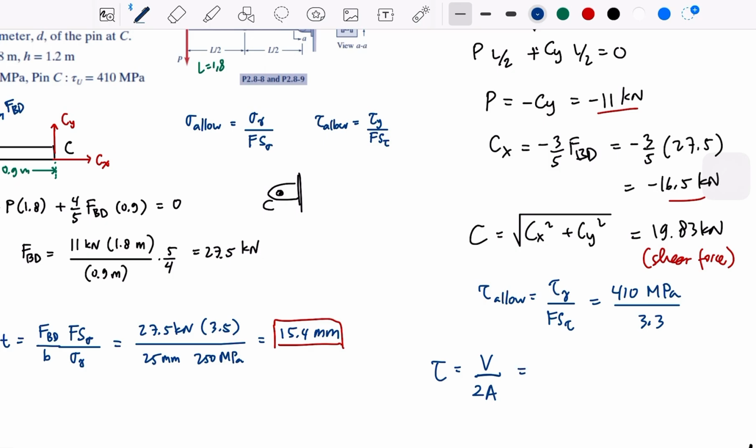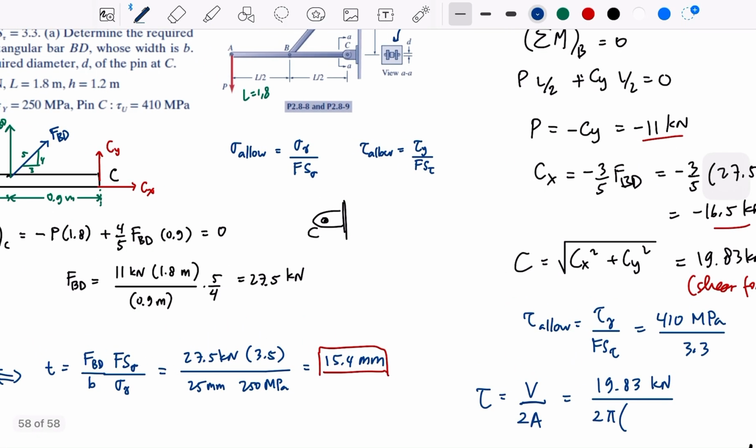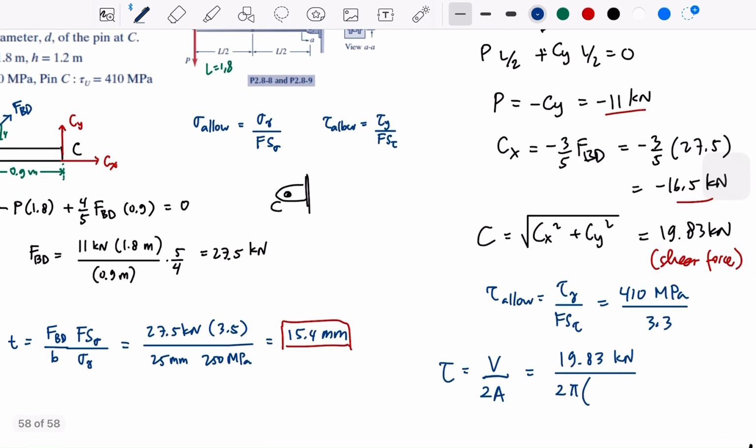The V is 19.83 kilonewton divided by 2A, the area, 2 pi D divided by 2 squared, right? So D is the one that we want to know, right?